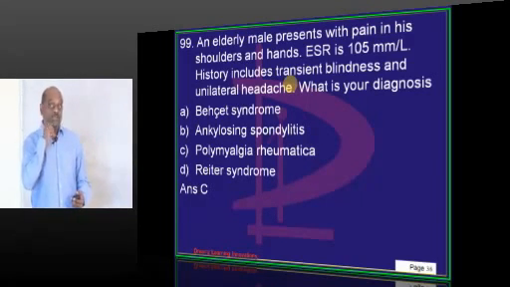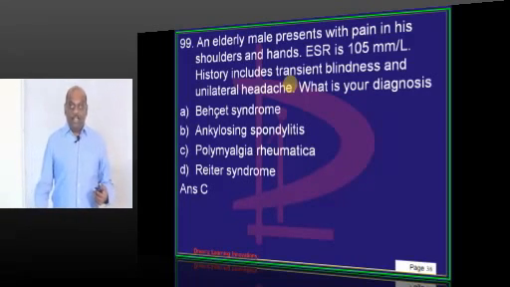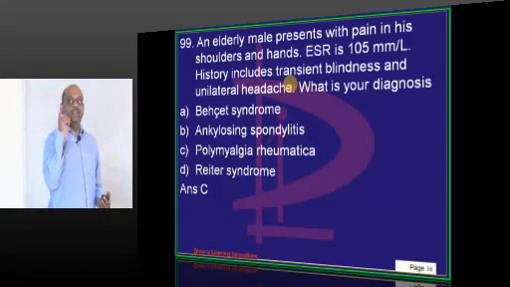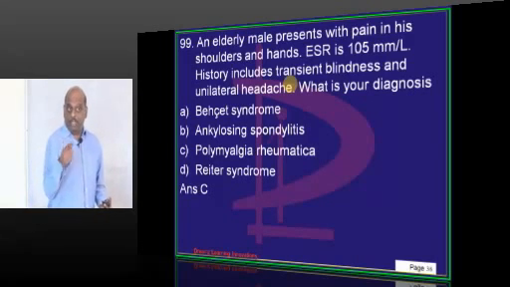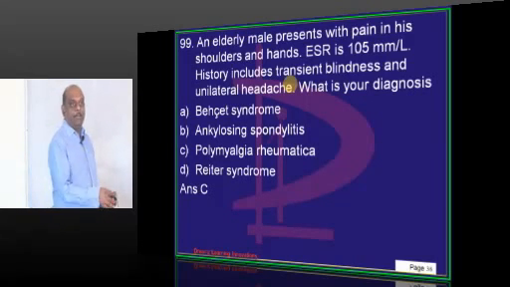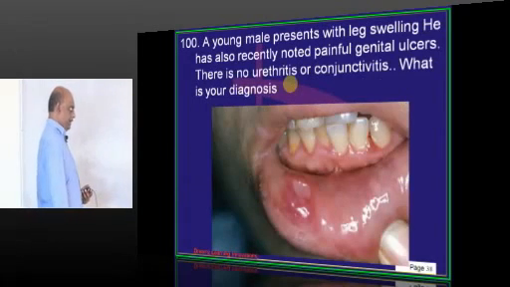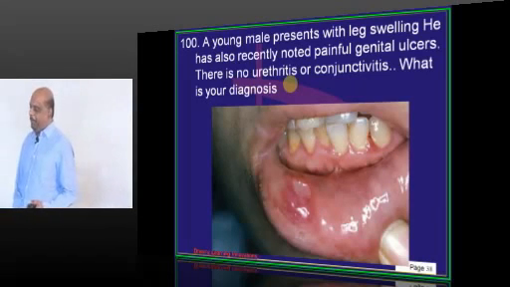They will also have jaw claudication, shoulder pain, high ESR, just like giant cell arteritis. Just like giant cell arteritis, where vasculitis can involve the ophthalmic artery, even that can happen with polymyalgia rheumatica, and they are at risk of developing blindness, which needs to be remembered.